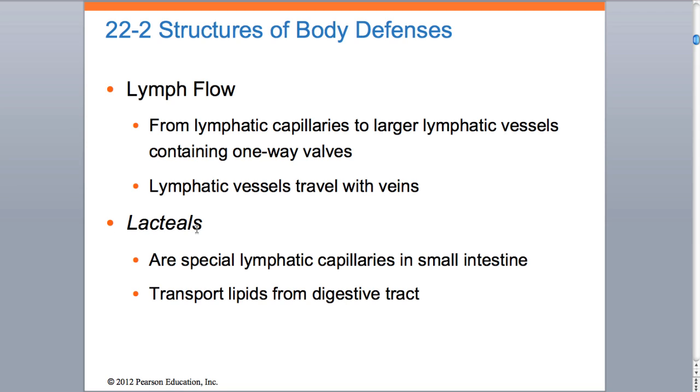Then we have lacteals. Now this is a different role. When you go to eat at Golden Arches and you eat your food that contains carbohydrates and proteins, well, the carbohydrates are going to be broken down into glucose and small monomers, whereas the proteins are going to be broken down into amino acids. Those two items will actually be absorbed into the bloodstream in your intestines.